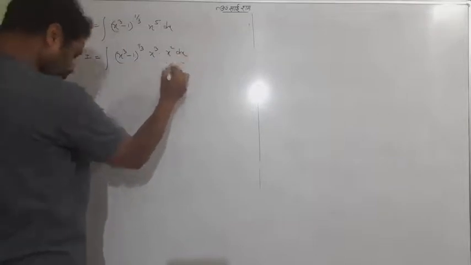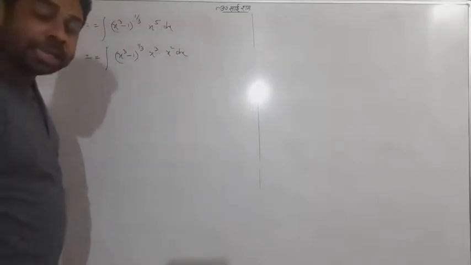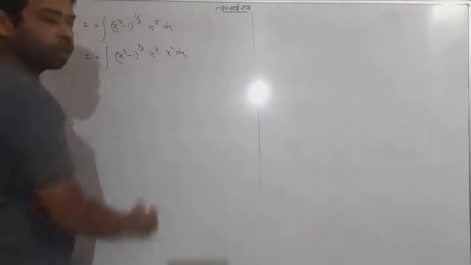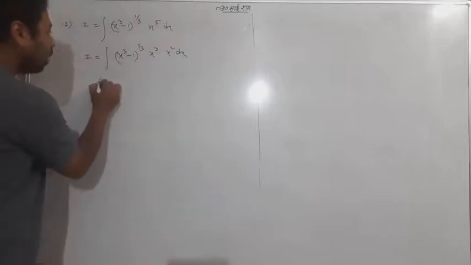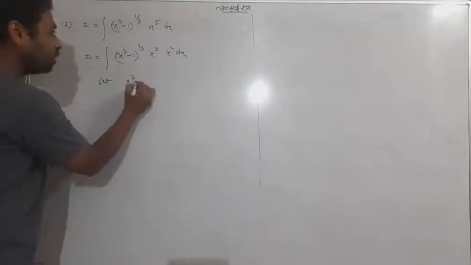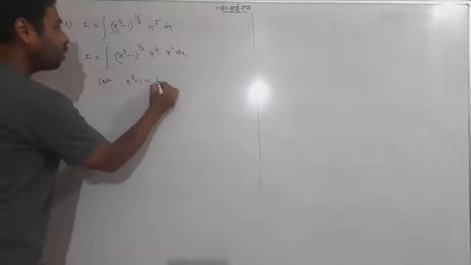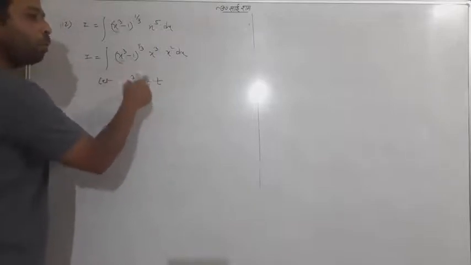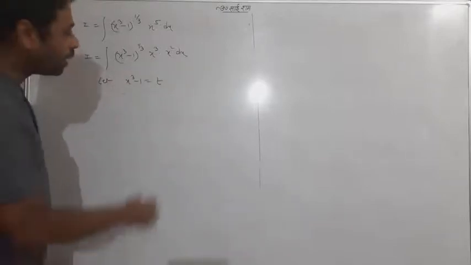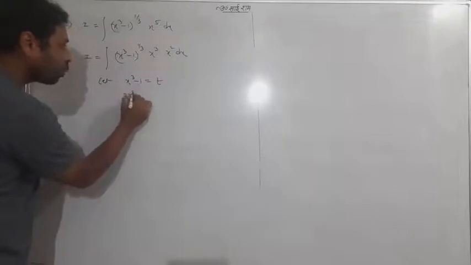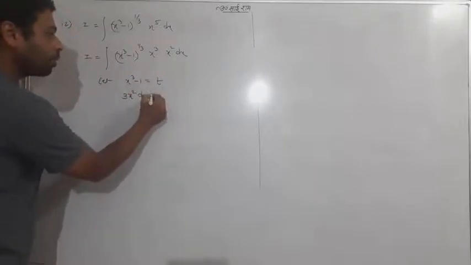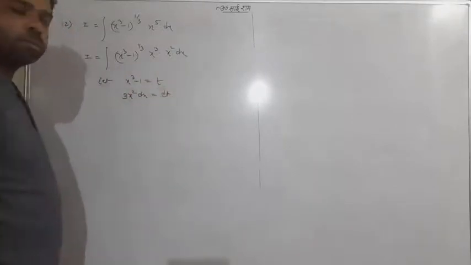Why did I do so? Because I need the term x square anyhow. Because you are going to take x cube minus 1 equal to t, which has a differentiation 3x square, 1 has a differentiation 0, and dt.